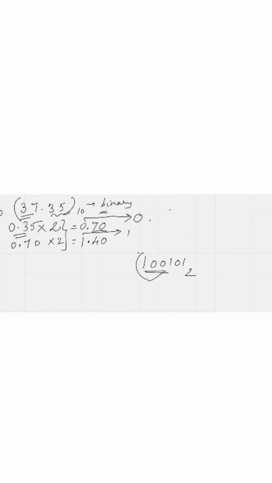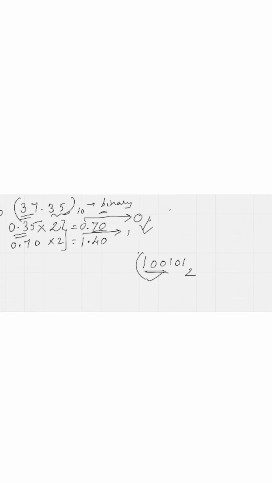Again we do the multiplication. We get the answer 1.40. The integer value here is 1, so we take the answer as 1. In the whole number division, we divided by 2 and wrote the answer from bottom to top. Here we have to write the answer from top to bottom.